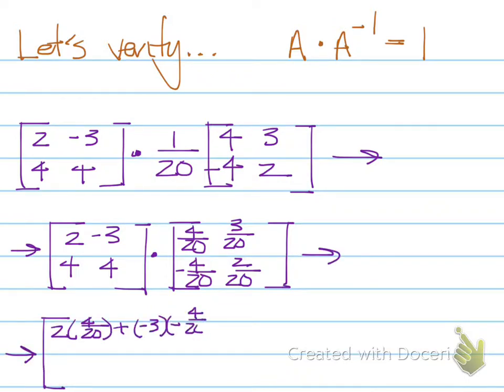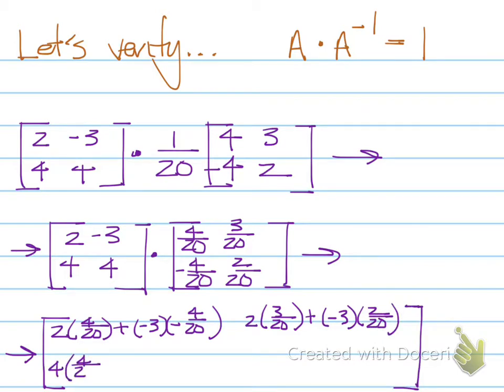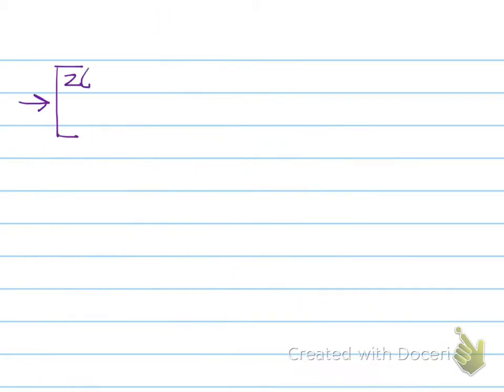And then when we multiply two matrices, we take each row of the first matrix and multiply that by each column of the second matrix. When that is all said and done, you should get the following expressions.